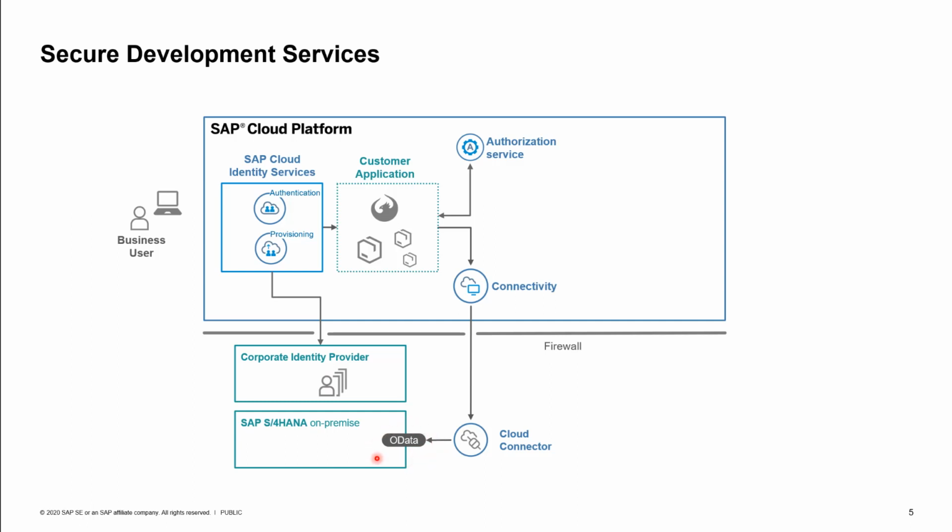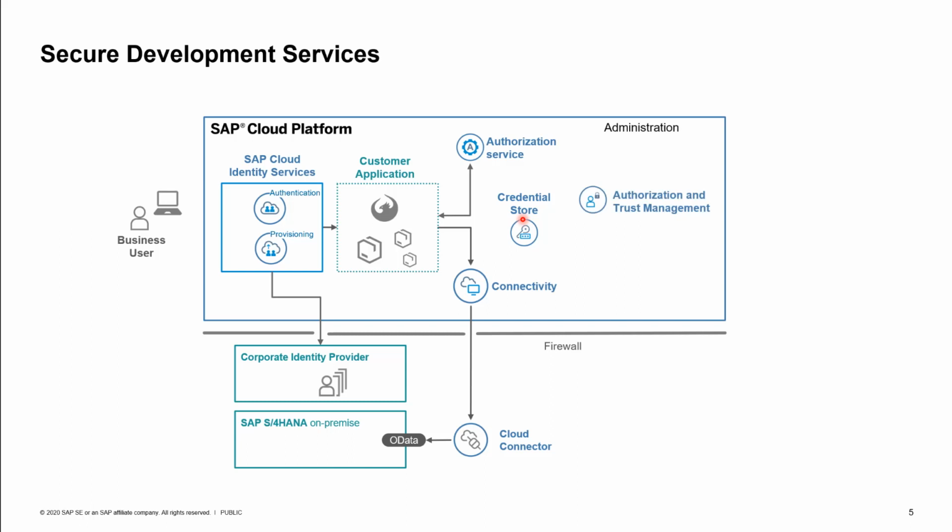That's just an example of OData. Then there's the credential store. So sometimes developers need user and password information to perhaps integrate with another solution. And of course, user and password should not be in your source code. That's why we are providing the credential store.